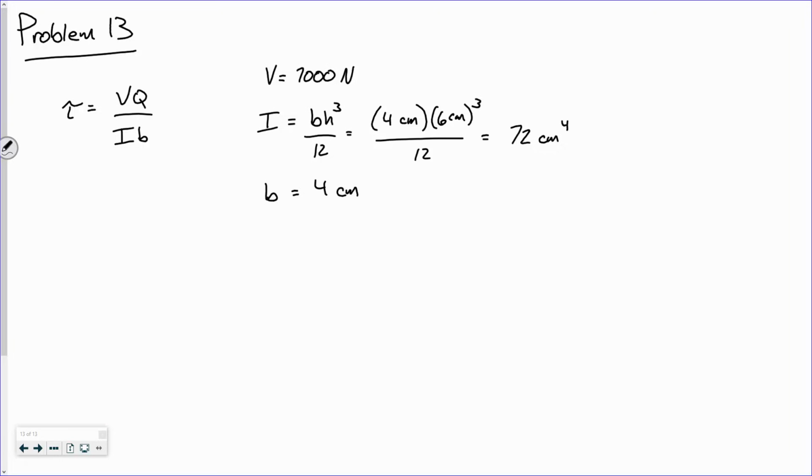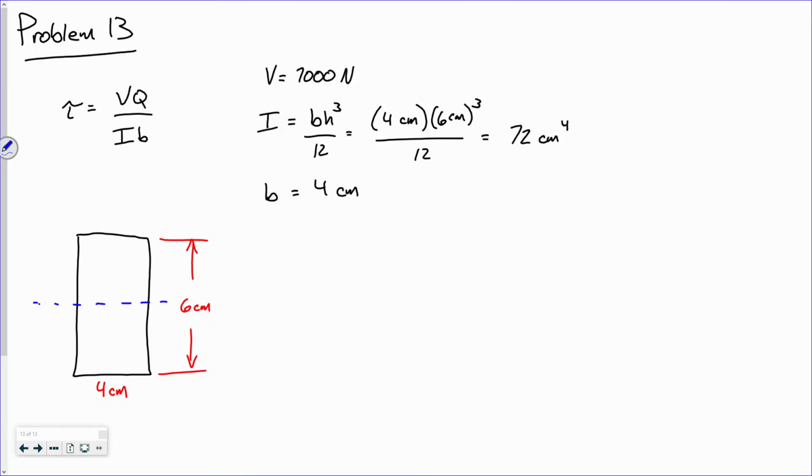The only thing that's probably a little new or you can't quite remember is Q. Q is the first moment of area. So what do I mean by that? Here's the beam. It's 4 centimeters wide and it's 6 centimeters tall. Sound good?